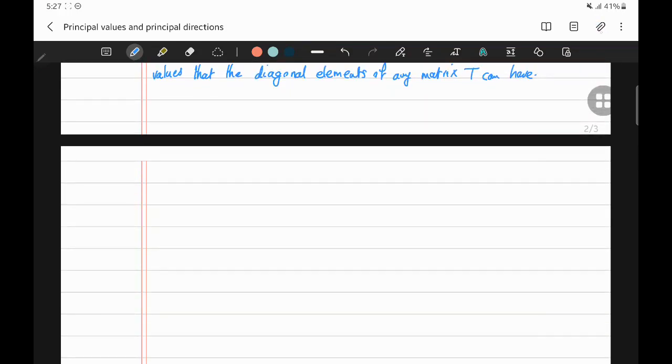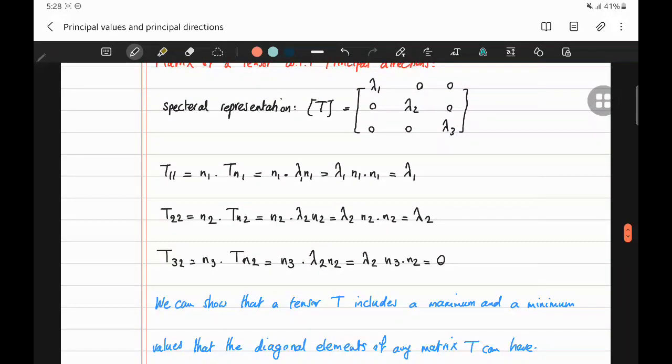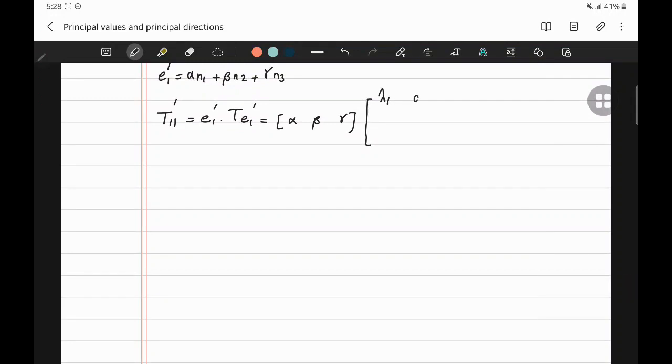So first we have this E prime vector here, where we have alpha e1 plus beta e2 plus gamma e3. And if we use the transformation here to transform it to another tensor, we have T prime 1, the transformed tensor. You write E prime 1 dot T E prime 1 here. We said that we are supposed to write it as a row vector like alpha, beta, and gamma, and then we have this T here, which is lambda 1 0 0, 0 lambda 2 0, 0 0 lambda 3.